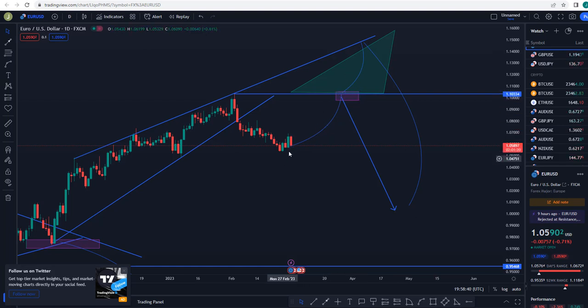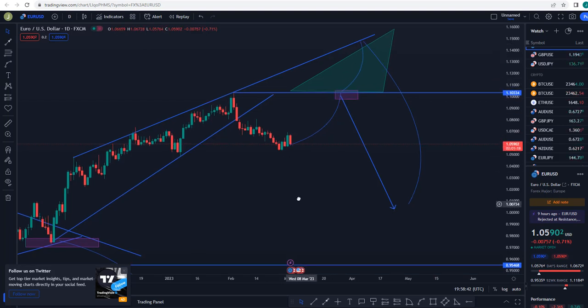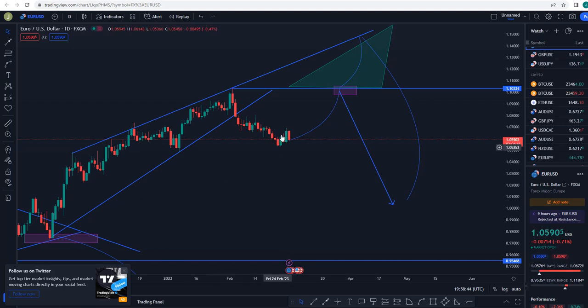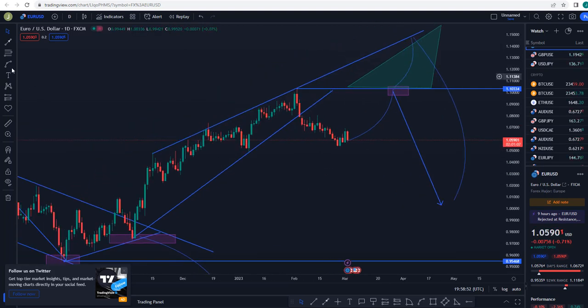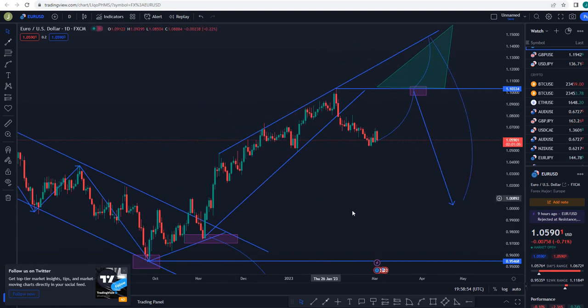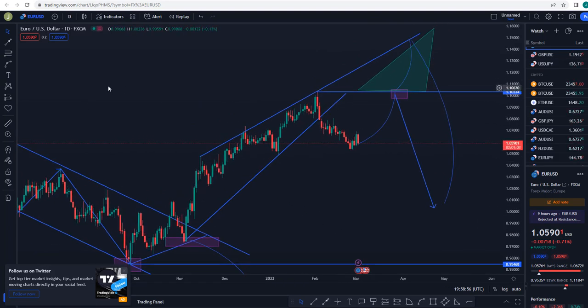So we'll be expecting price to go up, or if the price refuses to go up, meaning there's no more demand in the market on this EUR/USD, then we are expecting a lot of things to happen.